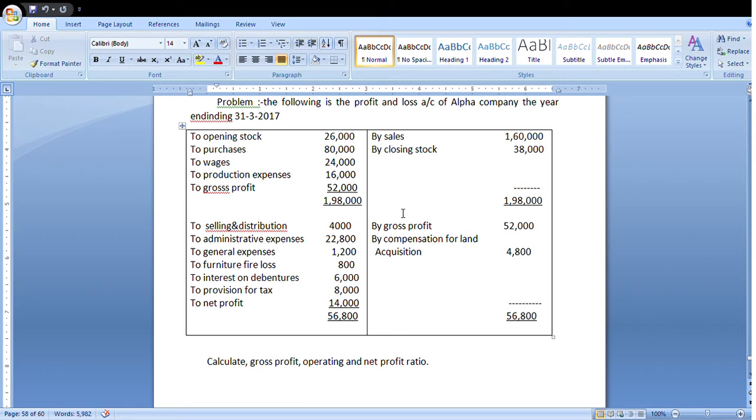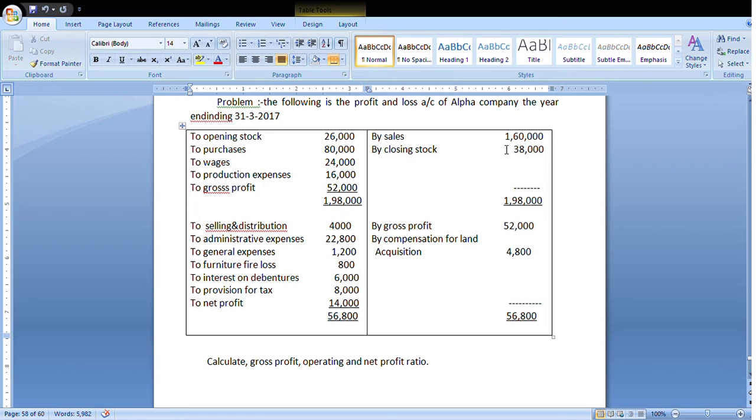This is the gross profit, and net sales is this. In this problem, are there any returns? No returns. Sales less returns is called net sales.